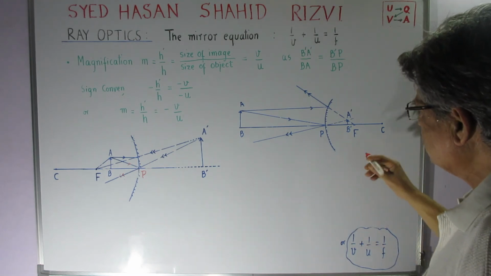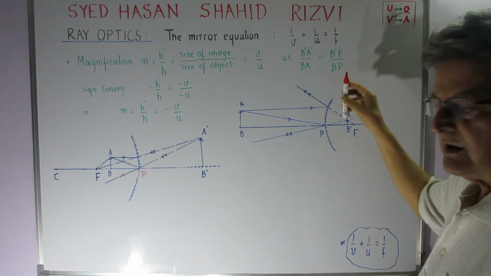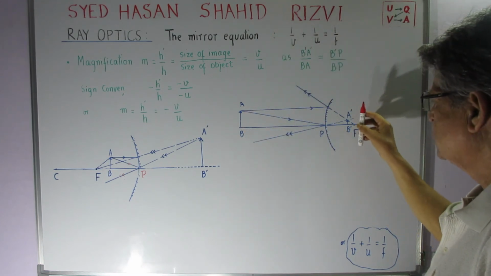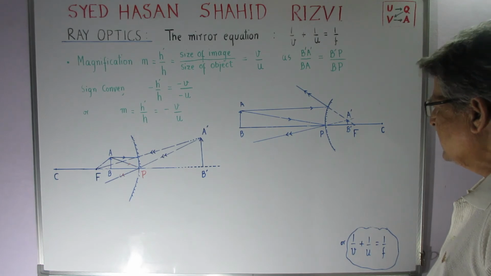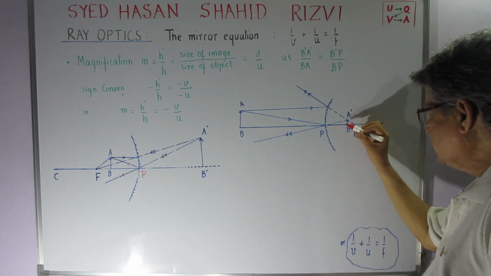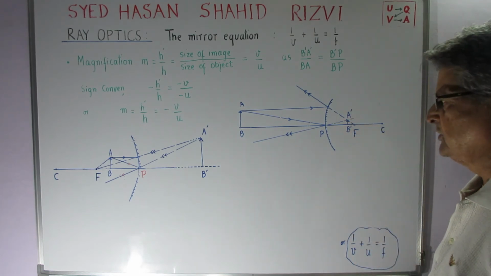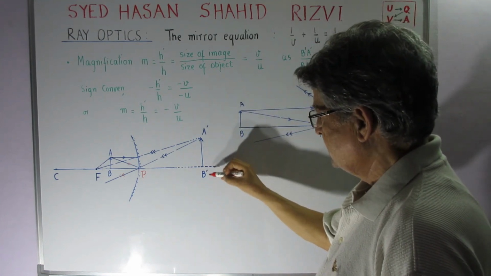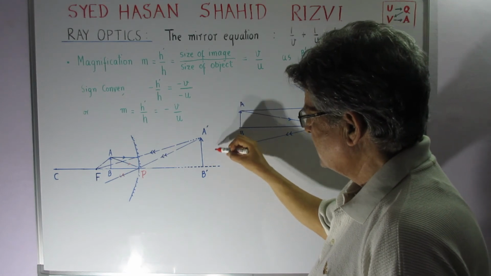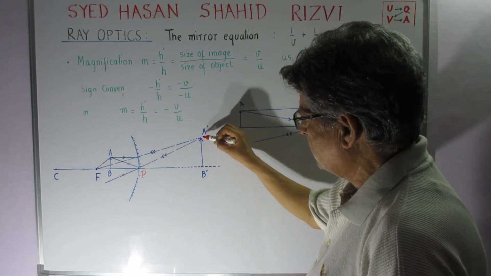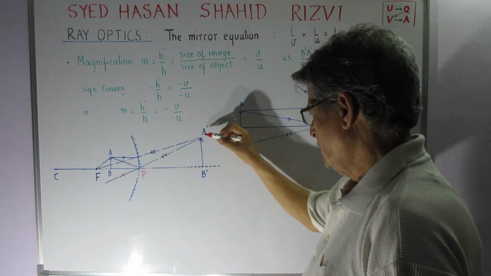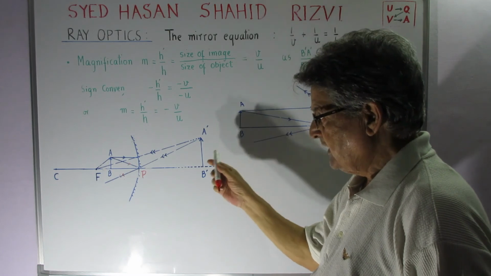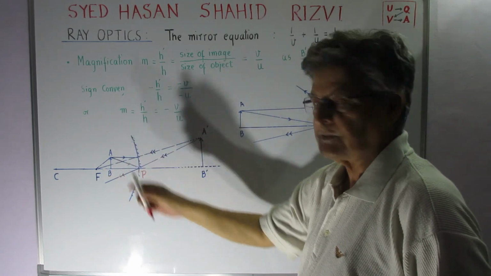This is erect, like the object, so is the image. It is erect and it is diminished in size, smaller in size. Like in the earlier case, the virtual image that we are making for A dash, the whole thing A dash B dash is erect, but its size is more than the size of the object.